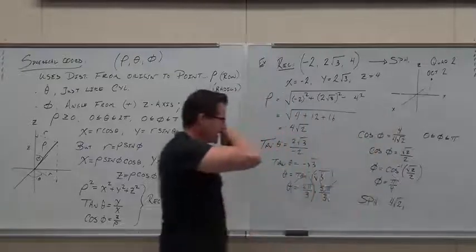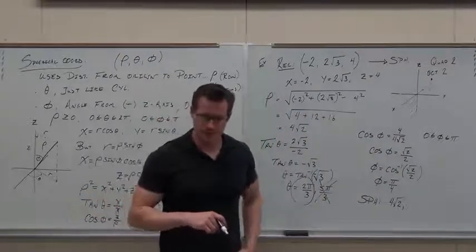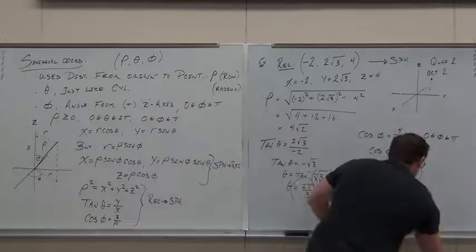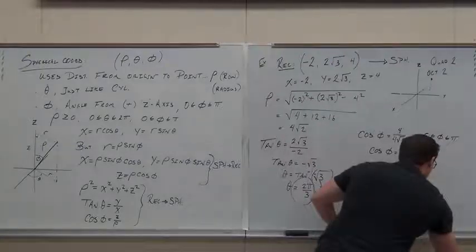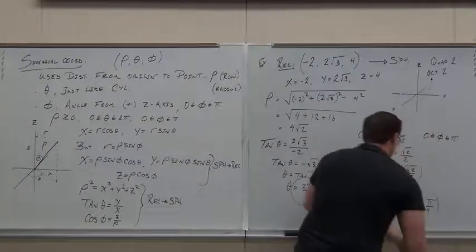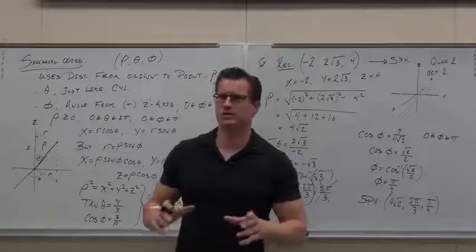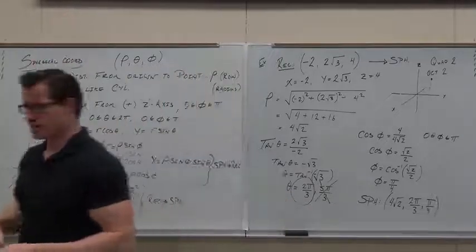What's the next thing that we do? Theta. Theta, which is, what do we get on that one? 2 pi. And then we wrap it up with our phi. It'll give you the same point. It's just two interpretations, and that's what we're talking about. Show of hands, feel okay with this one. We're gonna take a little break right now and come back.